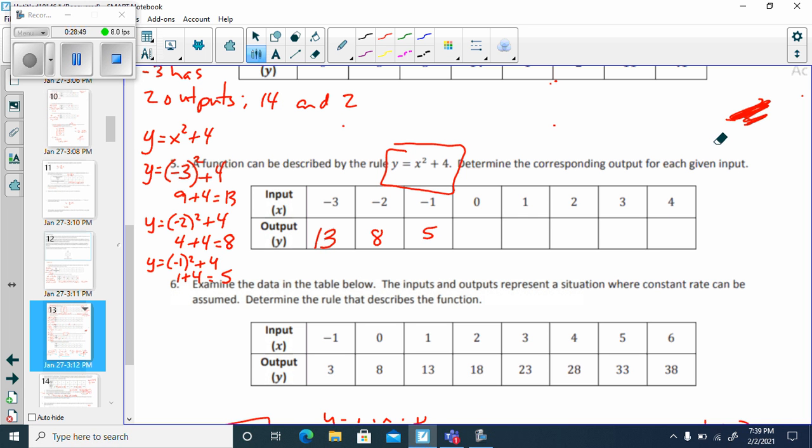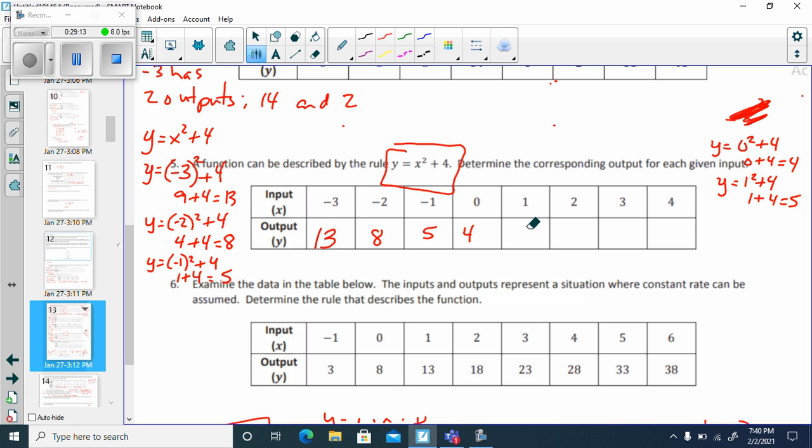How about 0? Y is equal to 0 squared plus 4. That's 0 plus 4, which is 4. Now let's do the 1. Y is equal to 1 squared plus 4. See, I don't need my parentheses when it's not a negative number. That would be 1 plus 4, which is 5.